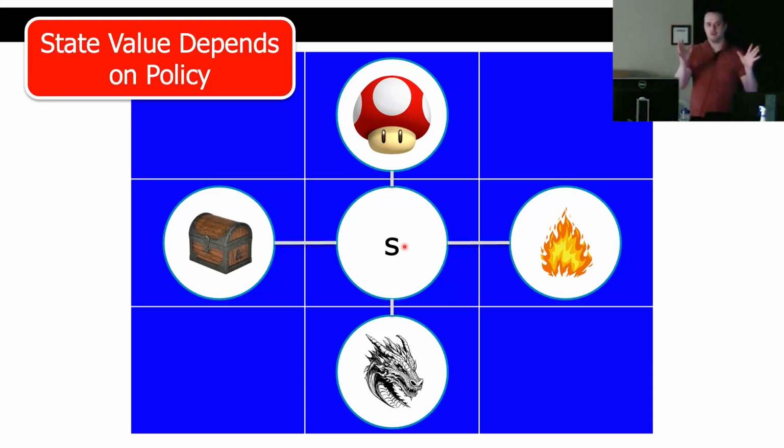It's not wrong or right, because what we haven't done is talked about our policy, right? If my policy at this state said to go down, that's a pretty poor valued state. If my policy at this state said to go left, then that is a very high valued state, but with respect to the policy, right?